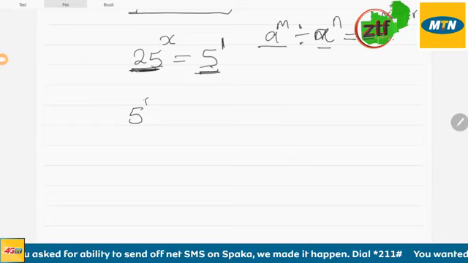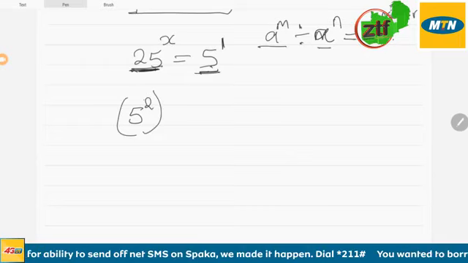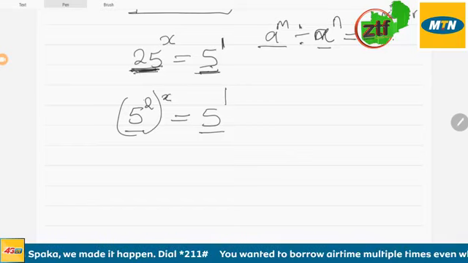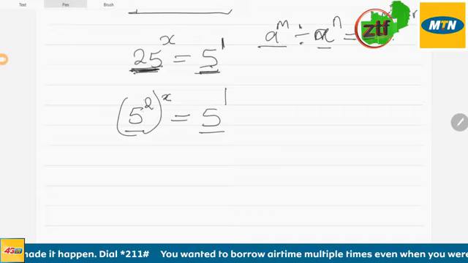Then we have x equals 5 to the power 1. So you can see now that the bases are the same. We have not changed anything here because 25 has been expressed as a square, so it's 5 squared. Here we are applying the rule of multiplication.